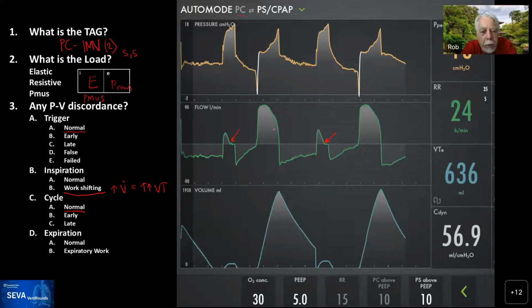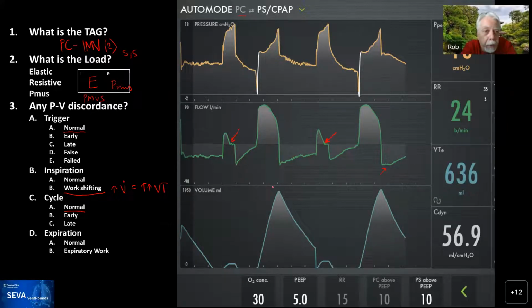Can't tell. But it appears to be either appropriate or perhaps a little bit premature cycling, early cycling, because we don't see a nice spike on the expiratory flow. Given that the tidal volume is so big, you would expect to see the peak expiratory flow to be big, certainly much bigger than the small mandatory breath, right?